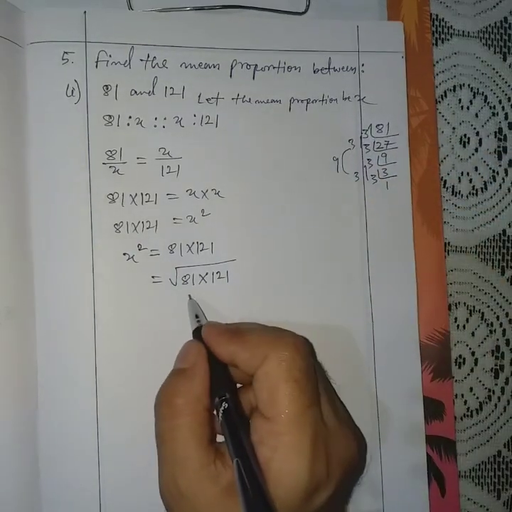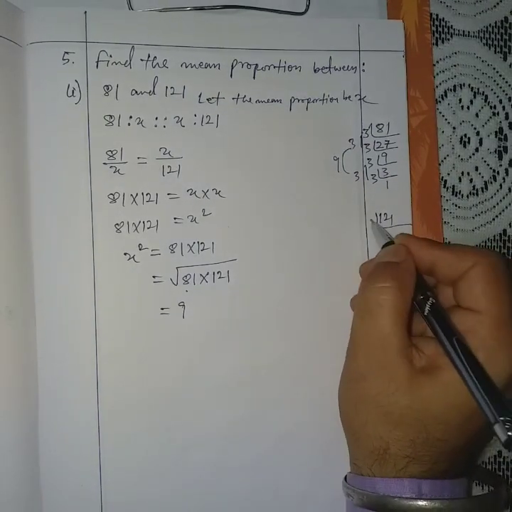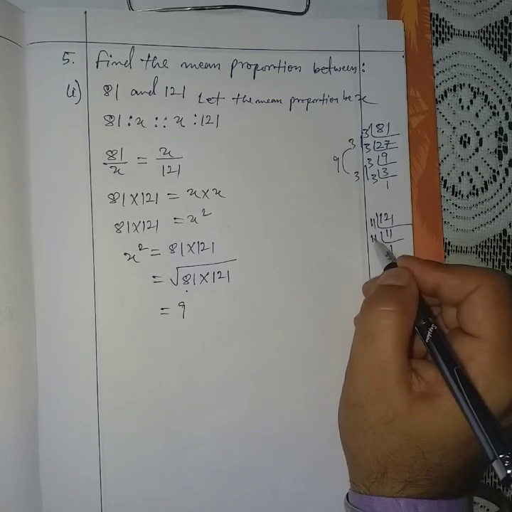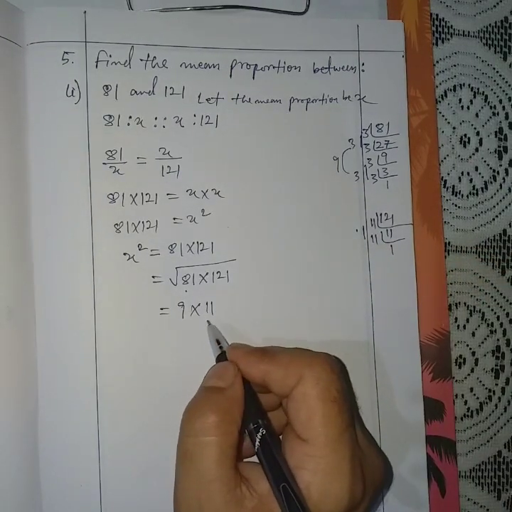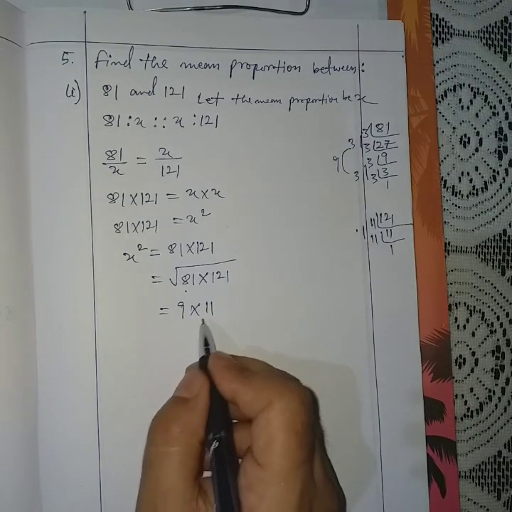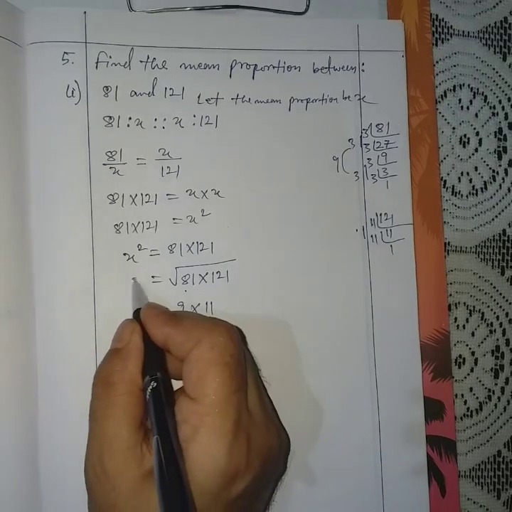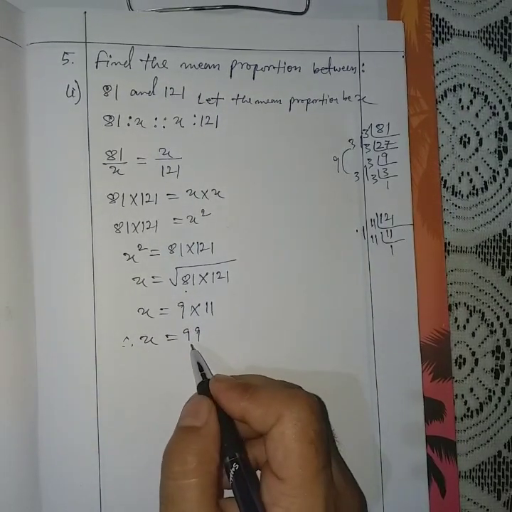So the square root of 81 is 9, and 11 times 11 is 121, so the square root of 121 is 11. So 9 into 11 is 99. Therefore x is equal to 99.